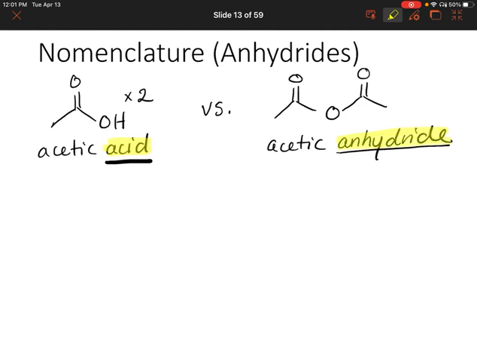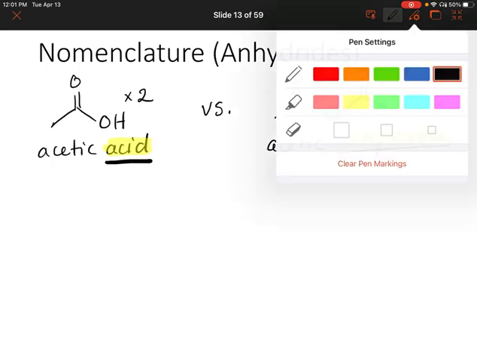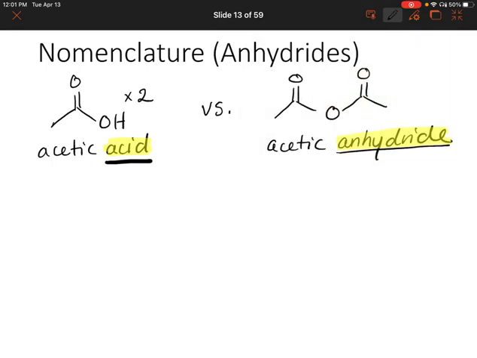What if we had an asymmetrical product? So for instance, we can combine 2 different carboxylic acids to make an anhydride product. We could combine benzoic acid and acetic acid.